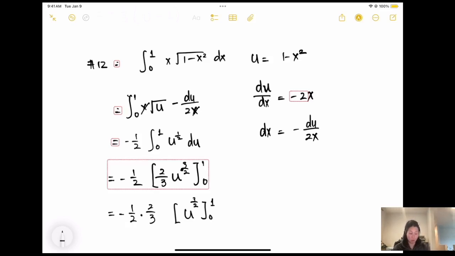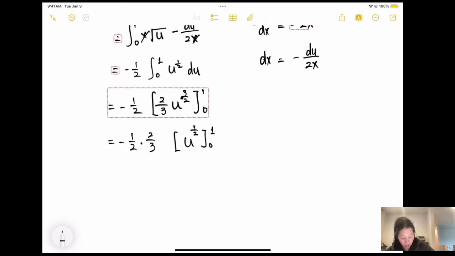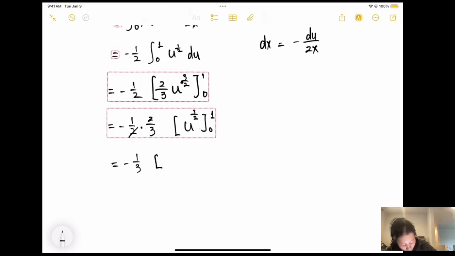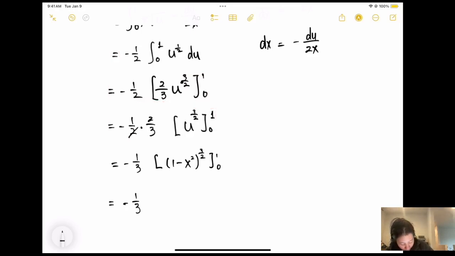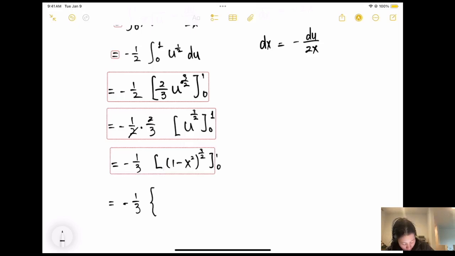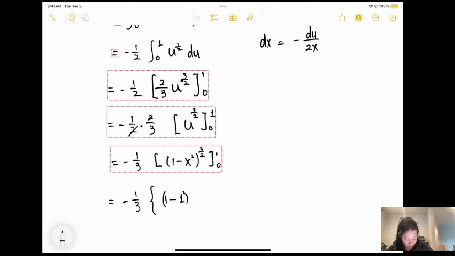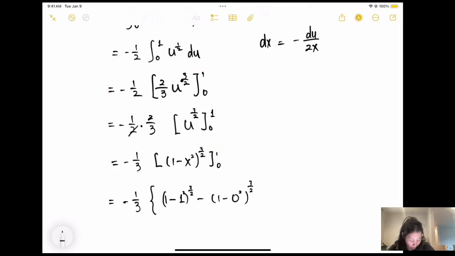Now I need to substitute 1 minus x squared back. Also simplify the coefficient, so I have negative 1/3. u is equal to 1 minus x squared, to the 3/2 power from 1 to 0. Now we can calculate that. The first is 1 minus 1 squared, to the 3/2, and then subtract (1 minus 0 squared) to the 3/2.